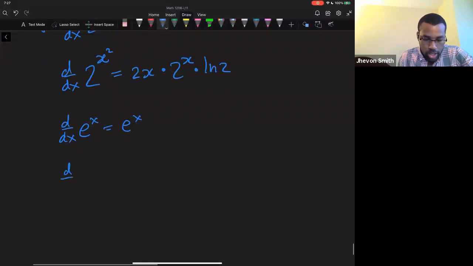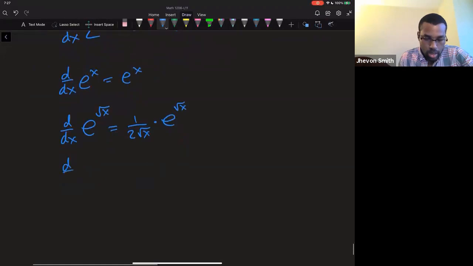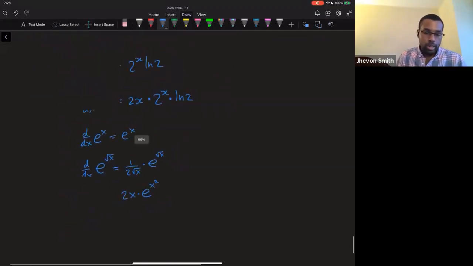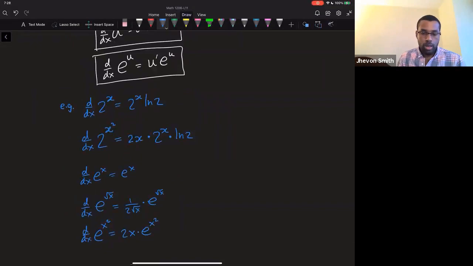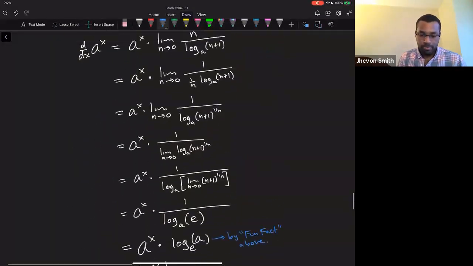If I wanted to differentiate e to, say, the square root of x, that's going to be the derivative of the square root of x times the original function. If I wanted to do the derivative of e to the x squared, that's the derivative of x squared times the original function. All right, so it turns out differentiating exponentials isn't that bad.